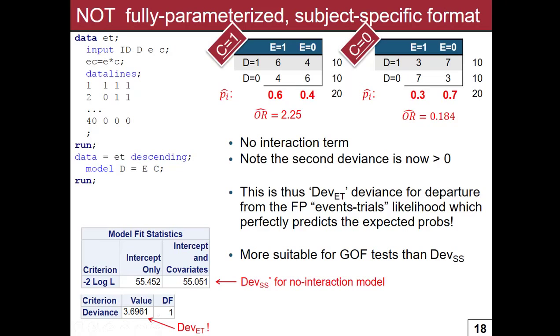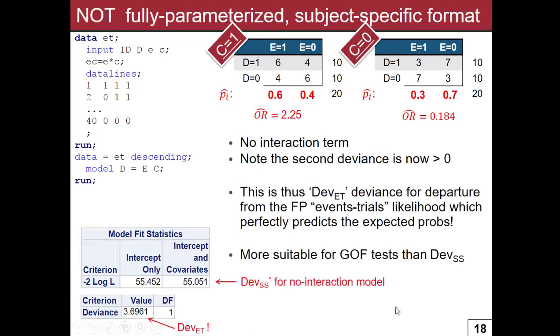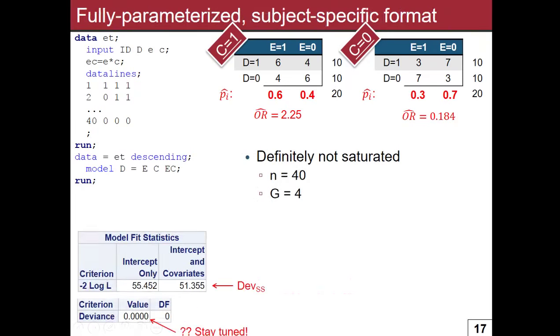It's using the -2 log likelihood for our model in the numerator, but in the denominator is the likelihood statistic from the fully parameterized model. Okay? It's comparing this model that does not have an interaction term to the model that does have all possible interaction terms. Turns out in this case, it's sort of a plausible model. This might actually be interesting to us.